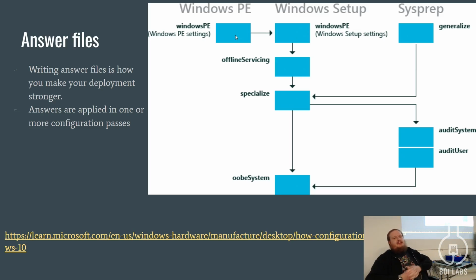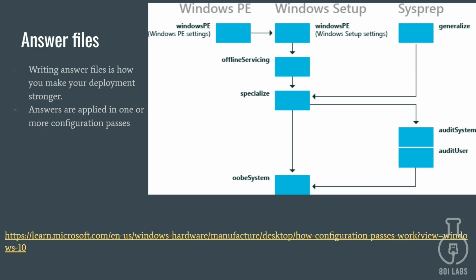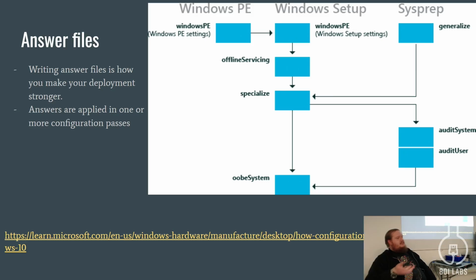So when you install Windows, there's lots of different states in Windows that have different configurations that you can apply to it. So writing answer files is how you make your deployment stronger or faster, and then the answers, depending on where you put them in the answer file and what configuration you're doing, puts it in one of these different configuration passes.